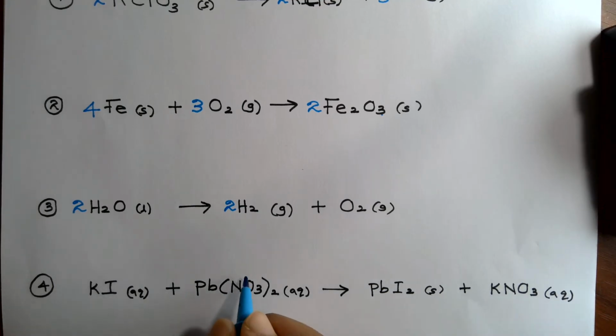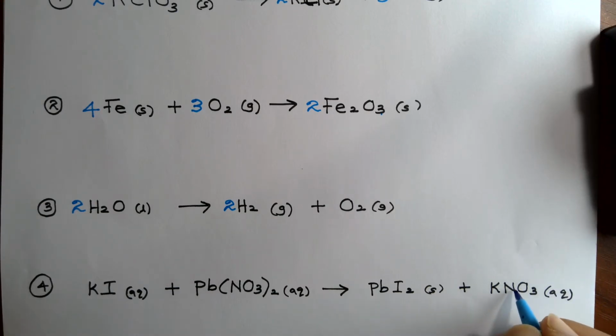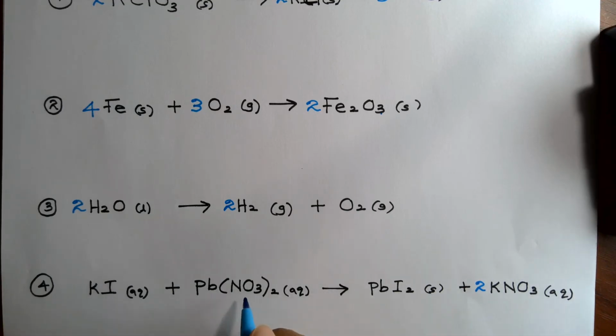For example, there are two nitrate groups. The whole thing you have to consider as one. So how many nitrate groups here? 2 nitrate groups. So in the product side, only one nitrate groups, NO3 groups. So then we need to add coefficient 2 to balance the nitrate groups first. 2 nitrates and 2 nitrates.